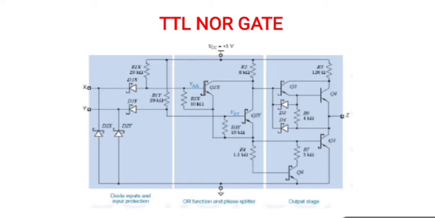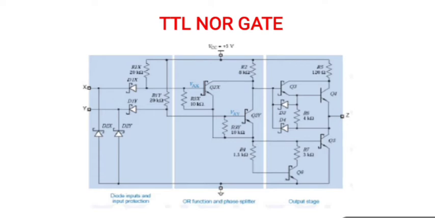Suppose we give the inputs X and Y. Before going to the operation, recall the diode operation. Here we use a Schottky diode in the input protection circuits. Why do we use a Schottky diode or a Schottky transistor in TTL?